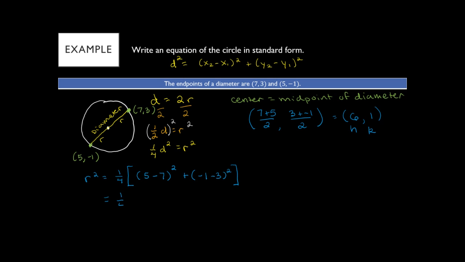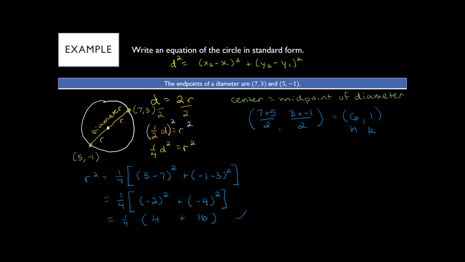So this is 1/4 times [(5 minus 7) squared plus (-1 minus 3) squared]. 5 minus 7 is -2. So that's (-2) squared plus (-1 minus 3), which is (-4) squared. So (-2) squared is 4. (-4) squared is 16. So this is equal to 1/4 times (4 plus 16).